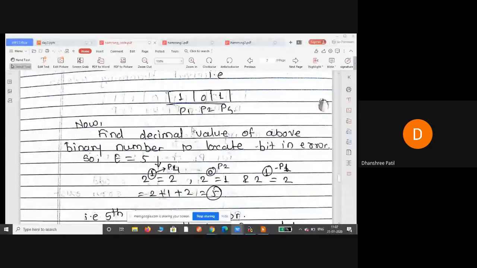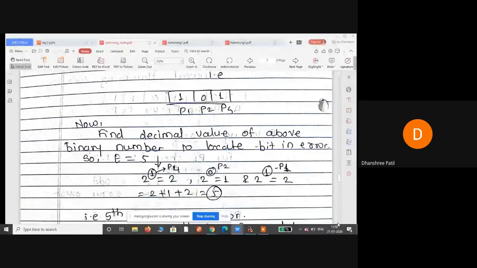And 2 raised to 1 again is equal to 2. The powers are the values of the parities. Okay, so I get 2 plus 1 plus 2 is equal to 5. So this 5 is nothing but the fifth position where there is an error. Okay, at the fifth position there is an error.